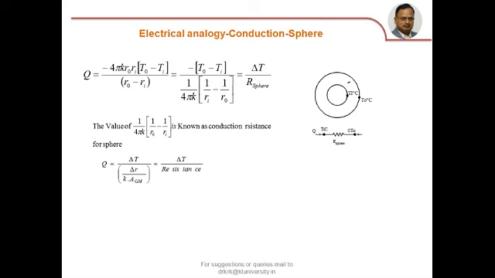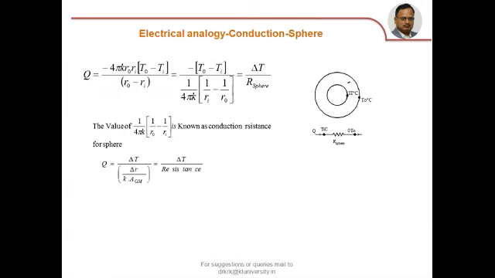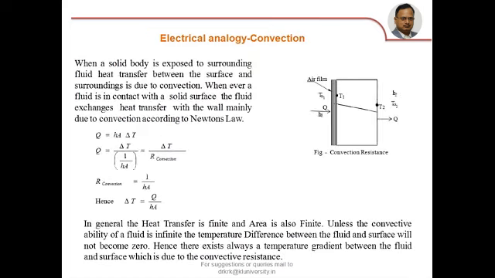The conduction resistance for a sphere is 1 by 4 pi K into 1 by Ri minus 1 by Ro. These are the three fundamental resistances which you have to use while solving complex conduction and convection problems in heat transfer.